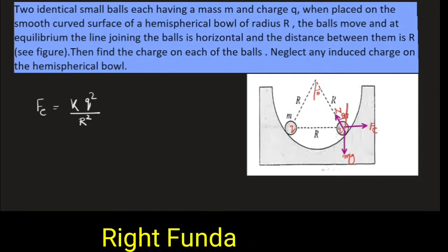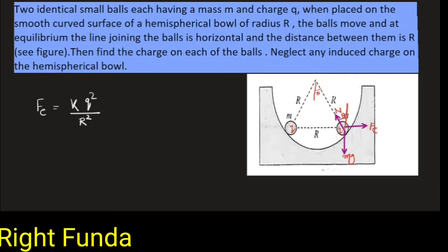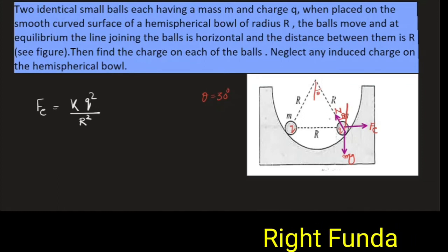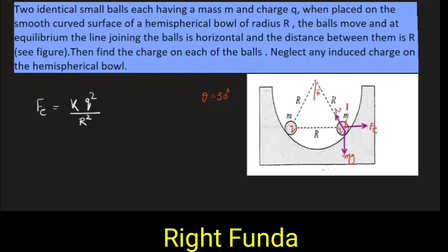And we see this is an equilateral triangle, because this r is given. So this angle will be equal to 30 degrees. So theta is equal to 30 degrees. I'll write this as 30 degrees.